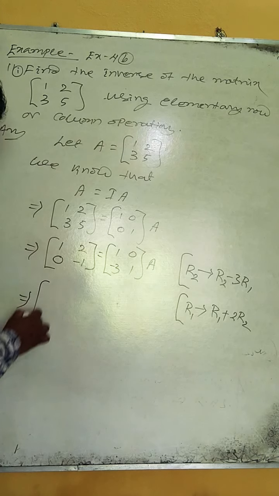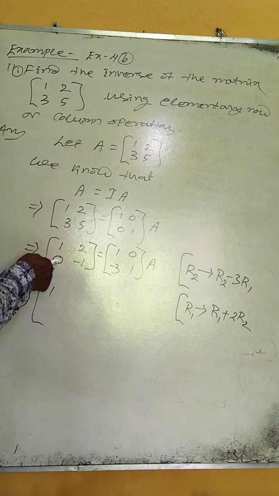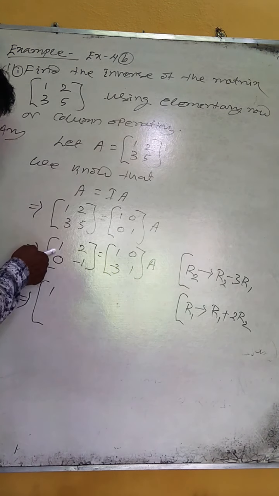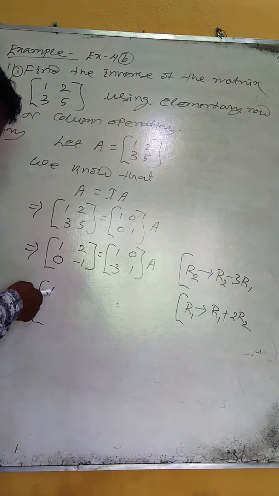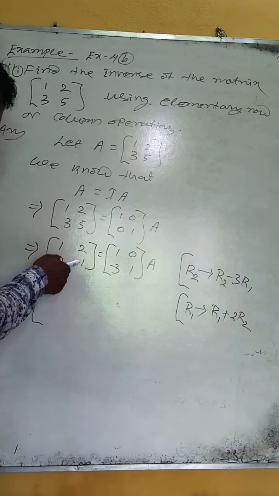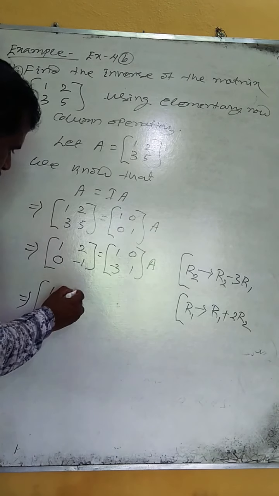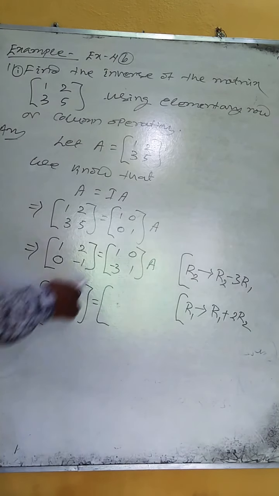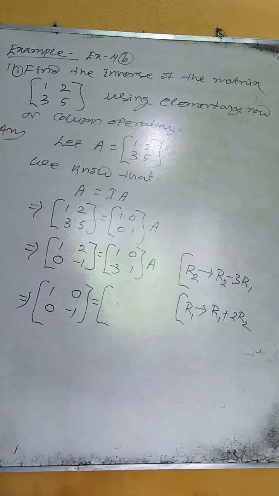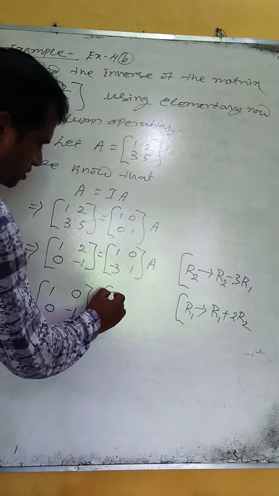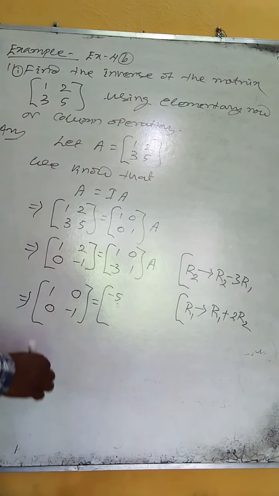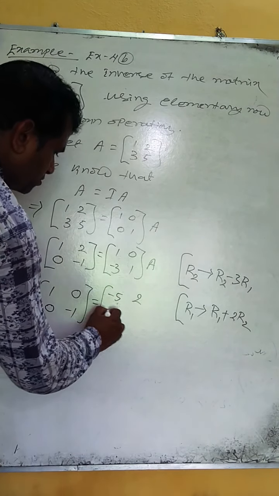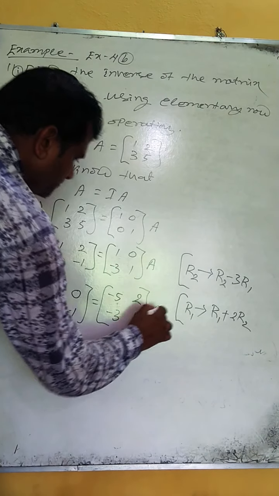So 1 plus 2 into 0 is 1, and 2 plus 2 into minus 1 equals 0. On the right, 1 plus 2 into minus 3 is 1 minus 6, that is minus 5, and 0 plus 2 into 1 equals 2. Here minus 3 1, whole into A. Okay.